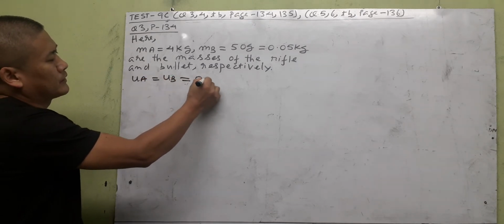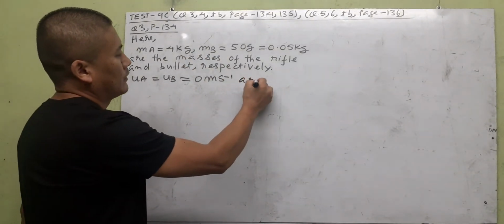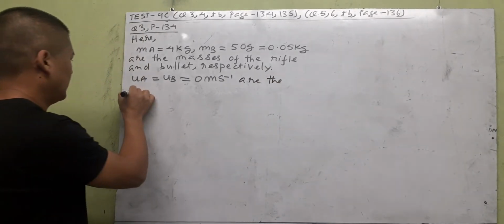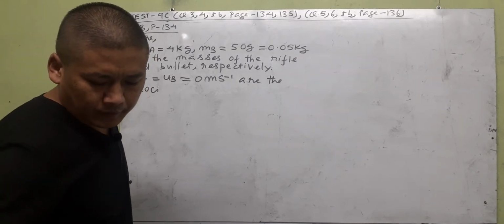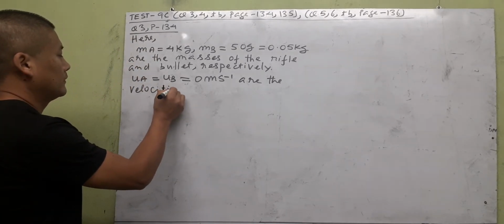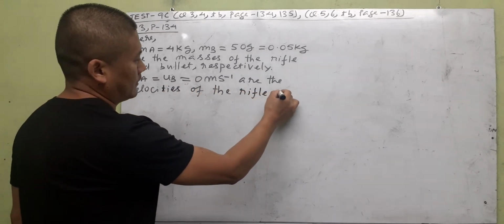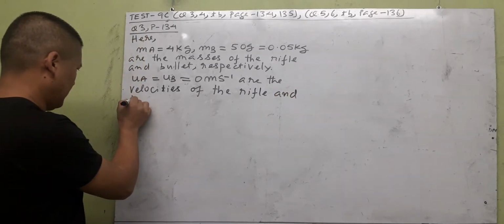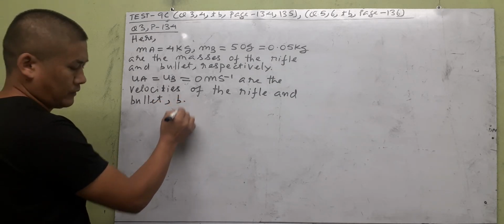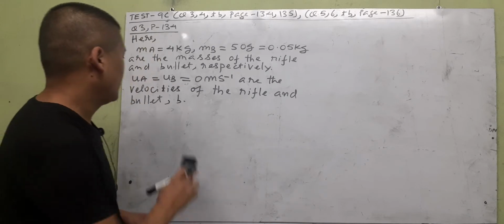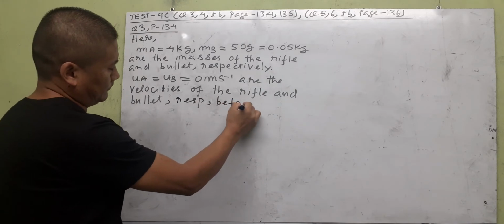So let us say stationary means velocity is 0 meters per second, UA, UB, velocities of the rifle and bullet respectively before firing.